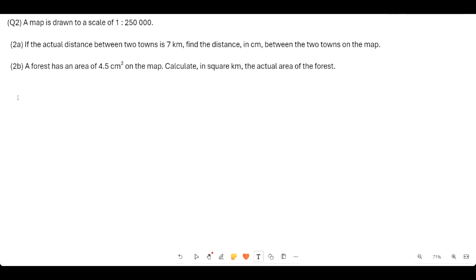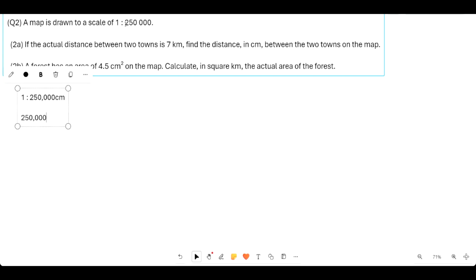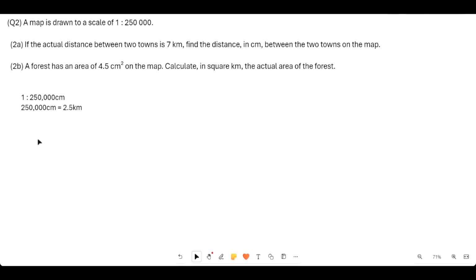So first, let's make the conversion rate. So 1 to 250,000 centimeters. So 250,000 centimeters equals 2.5 km. Now that we have this conversion rate, it's easier to find the answer. If we do 7 km divided by 2.5 km, our answer will be 2.8.